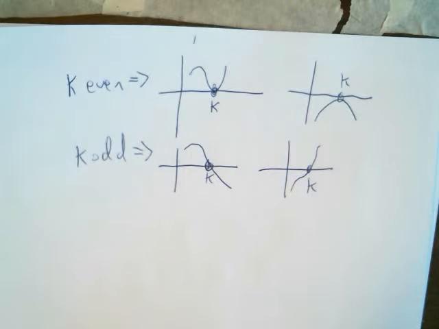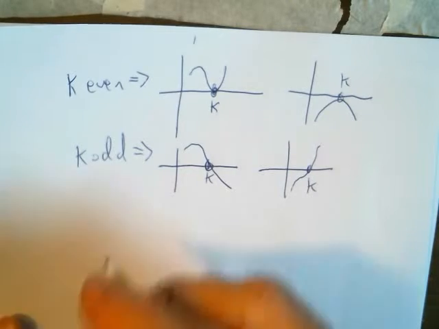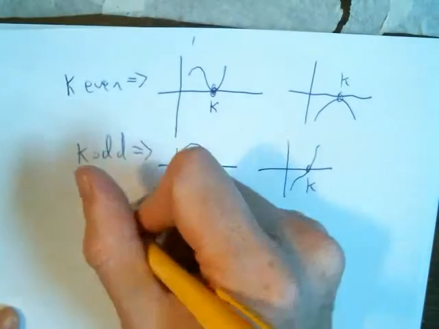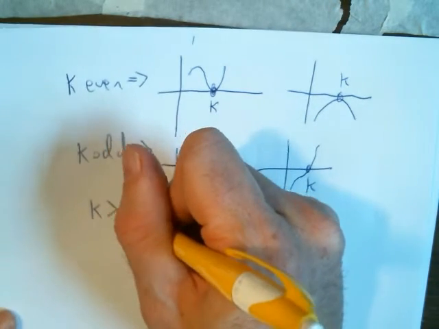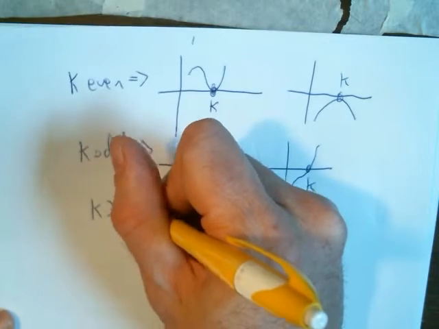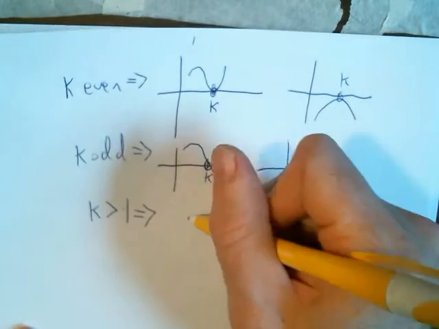With regards to the difference between a higher value and a lower value of k: if k is getting bigger, so greater than just your regular 1, it's going to have a flattening effect.